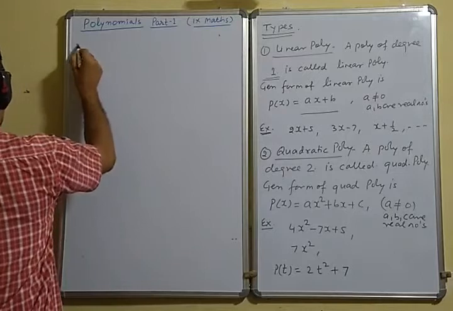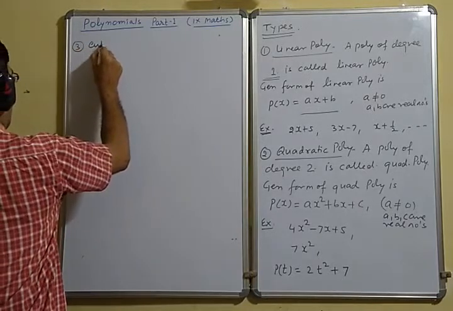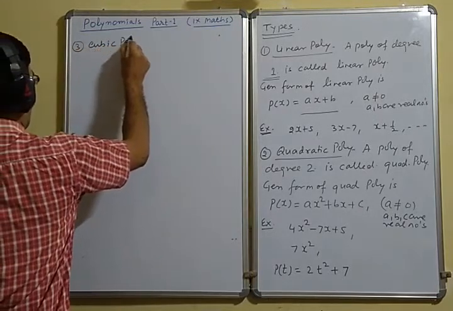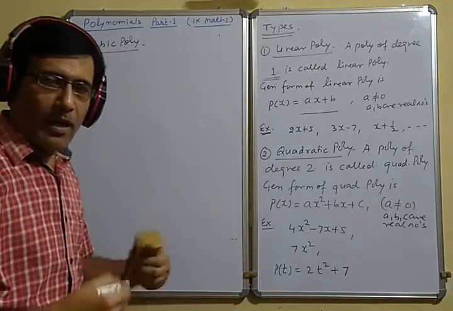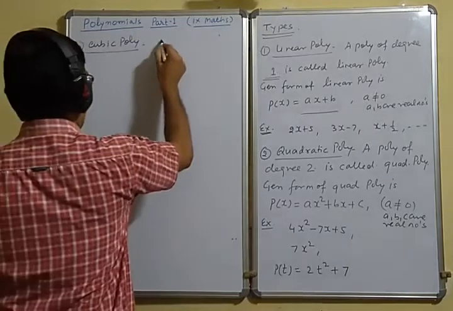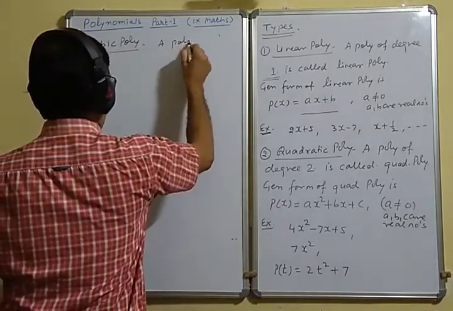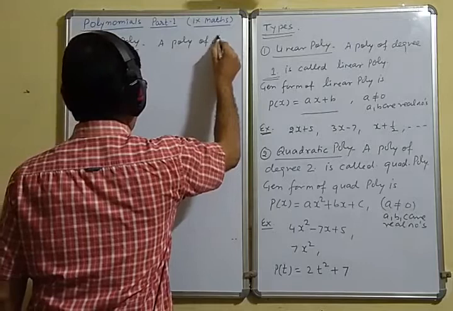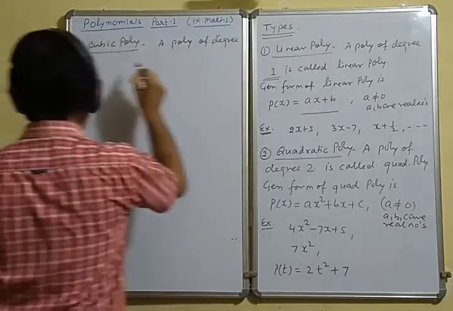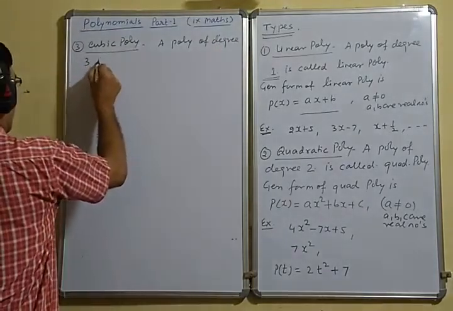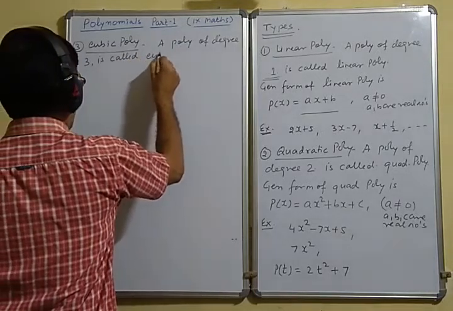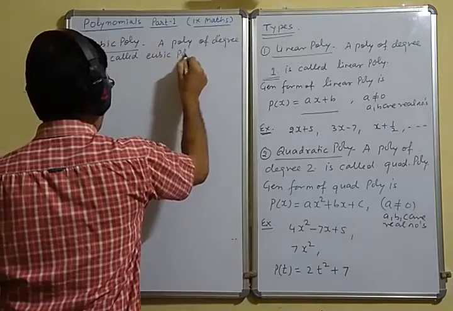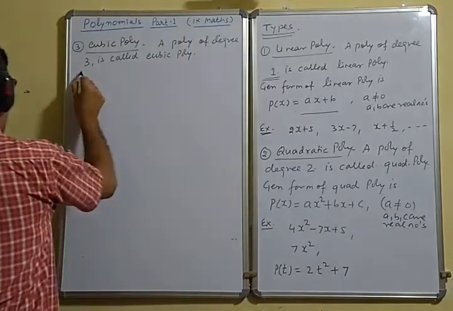Next, third, cubic polynomial. A polynomial of degree 3 is called a cubic polynomial.